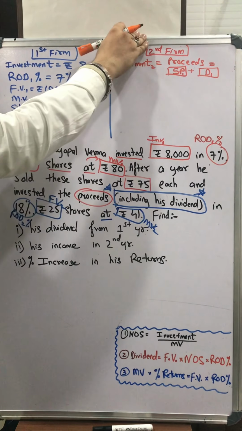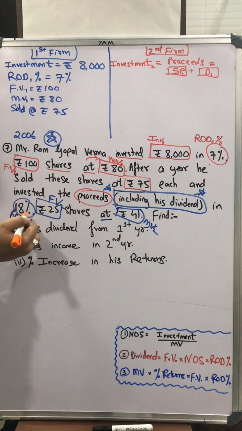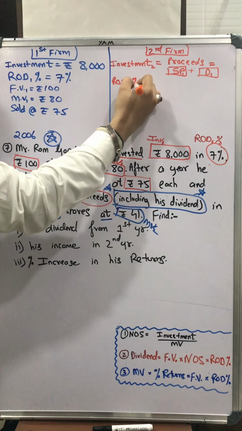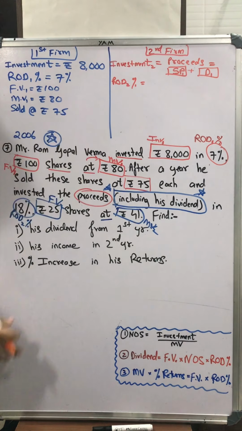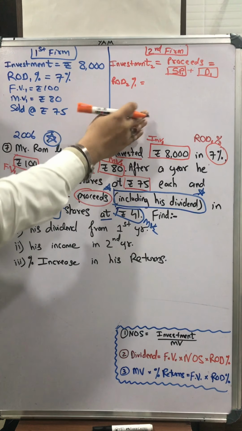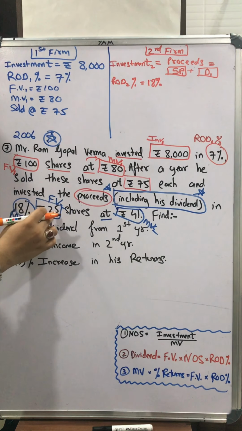Okay, students. So after this, now let's jot down the data for the second firm. Let's continue. In 18%, so rate of dividend 2 for the second firm is 18%, rupees 25.